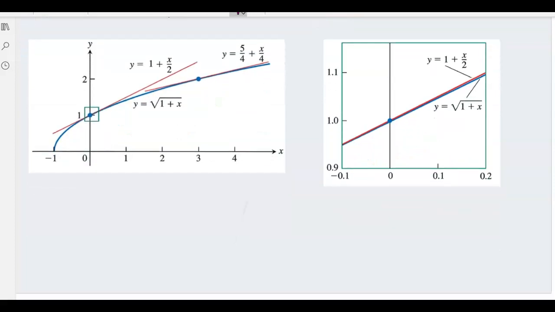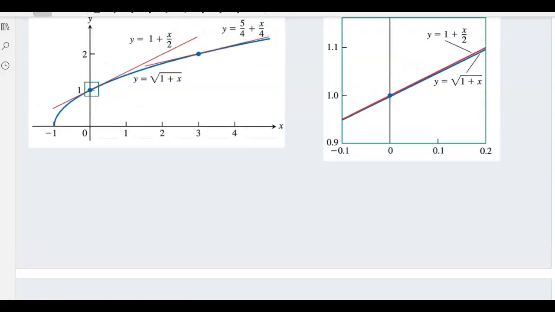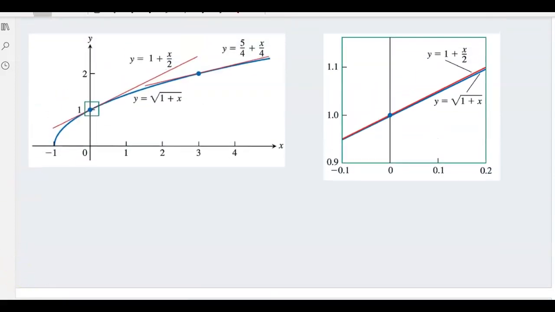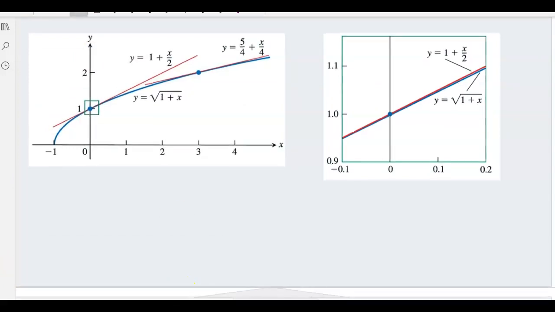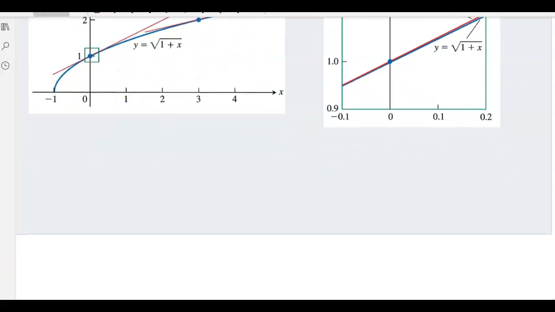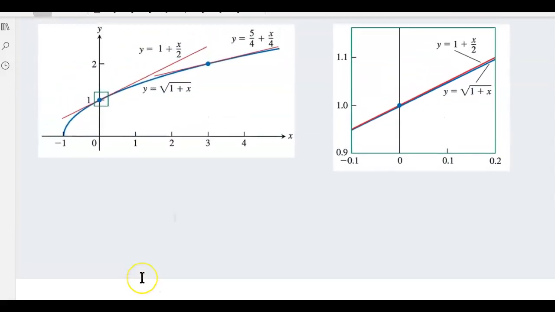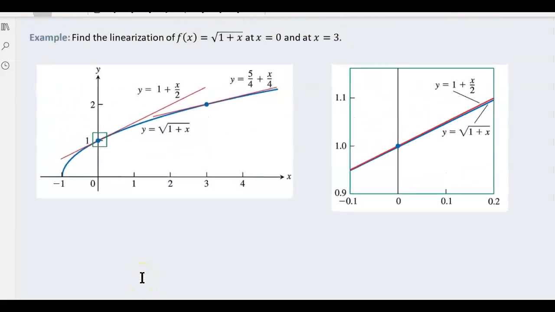So for the first example, let me move this down and make more room here. We're letting a equal 0. So a is equal to 0.